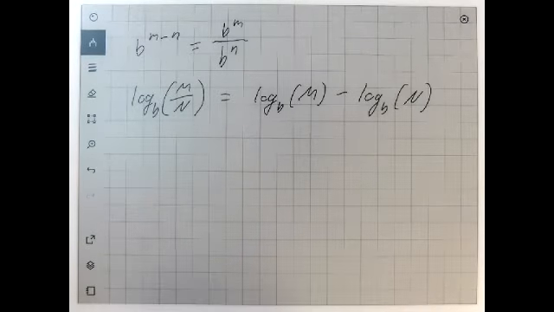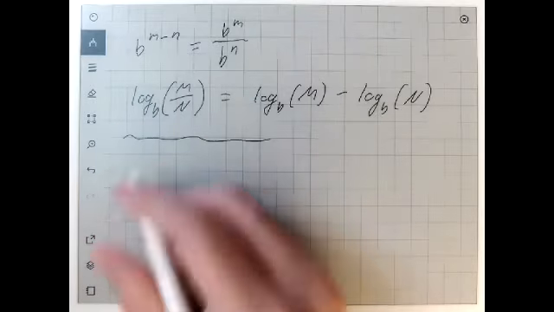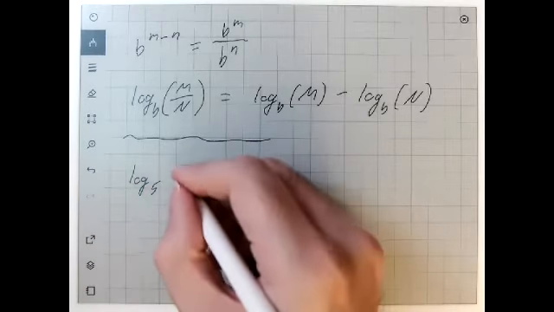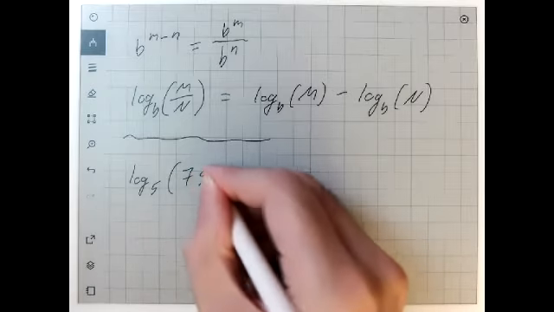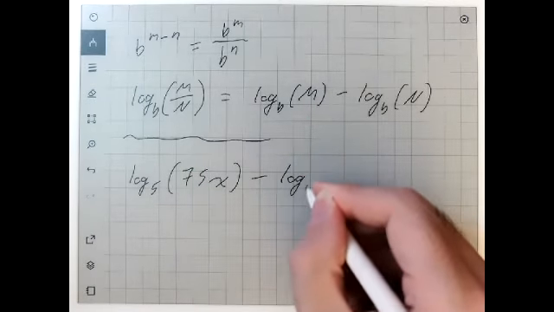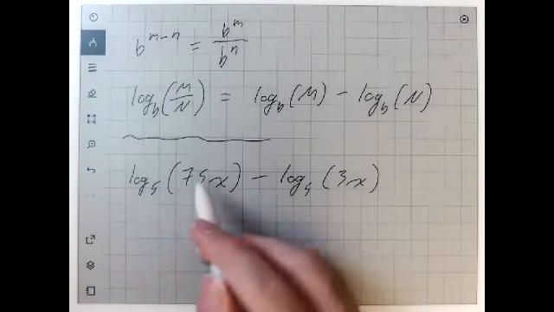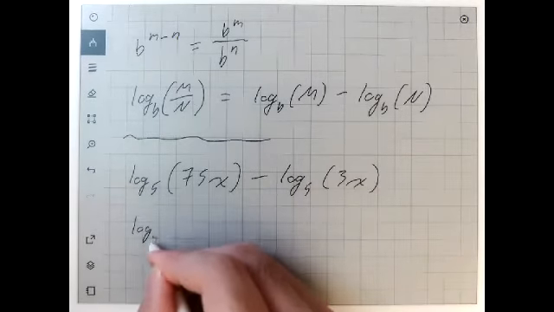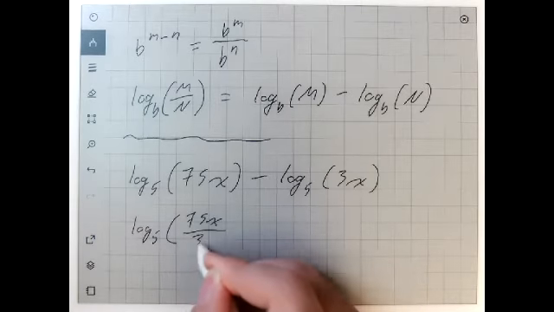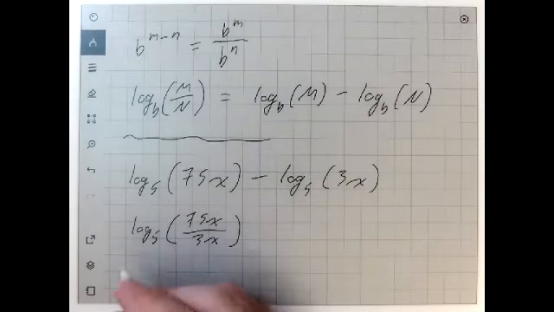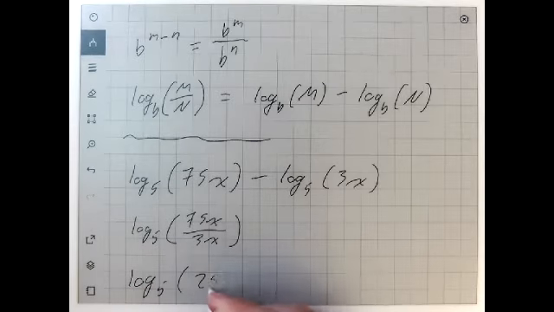Here we can start getting into some more interesting examples. If I have the log base 5 of 75x minus the log base 5 of 3x, then using the quotient rule, this is the log base 5 of 75x over 3x, and that's a fraction we can reduce, turning that into the log base 5 of 25.